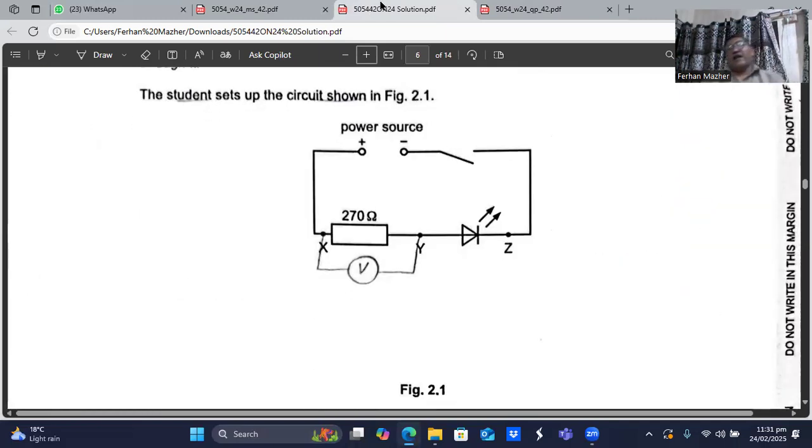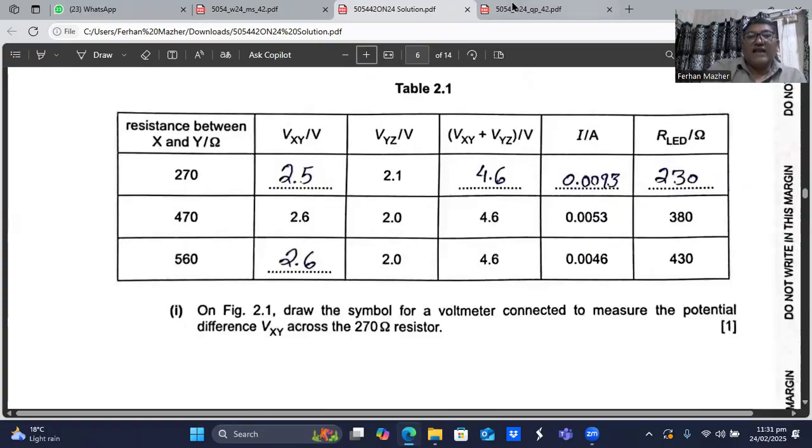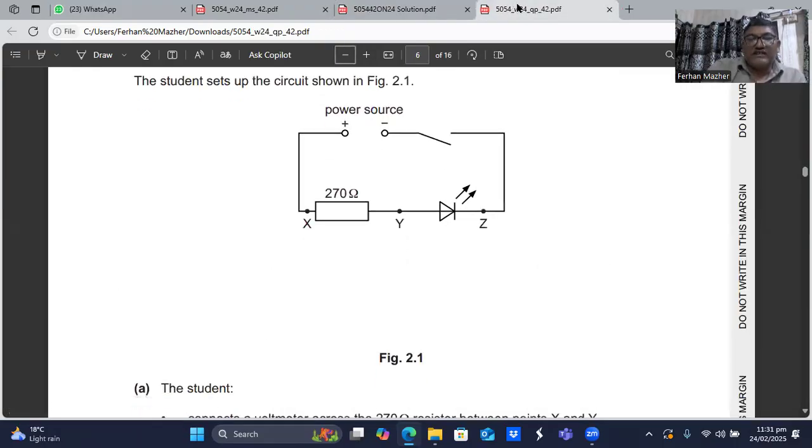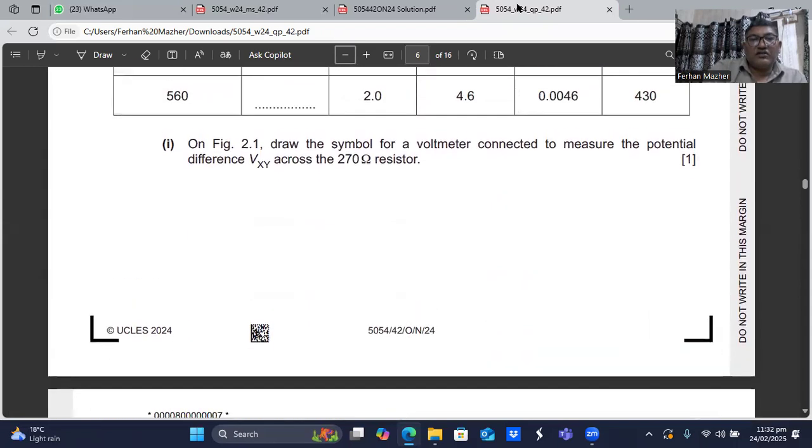Here you can see on the diagram that we have drawn a voltmeter which is parallel to the fixed resistor, and it will be able to tell you the voltage drop across the fixed resistor XY, voltage VXY.